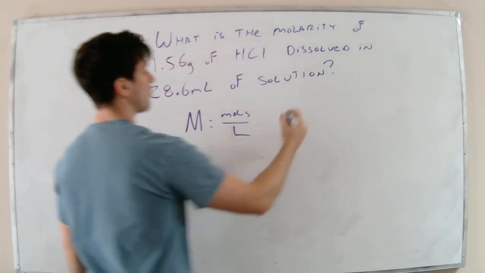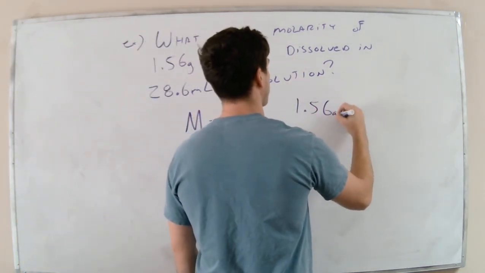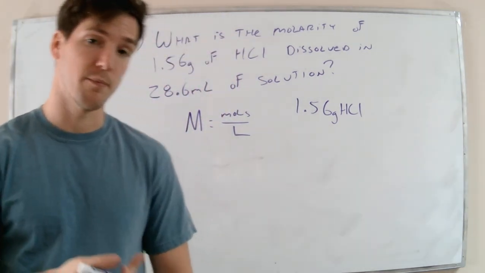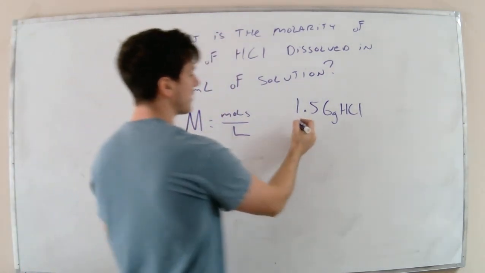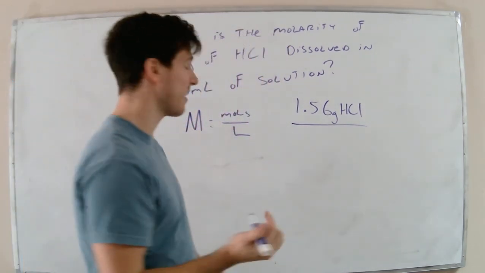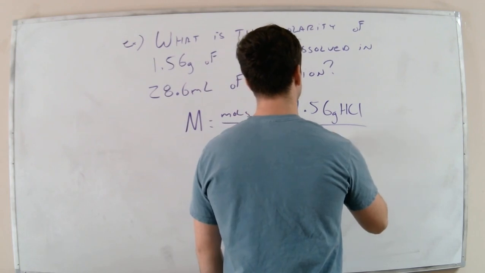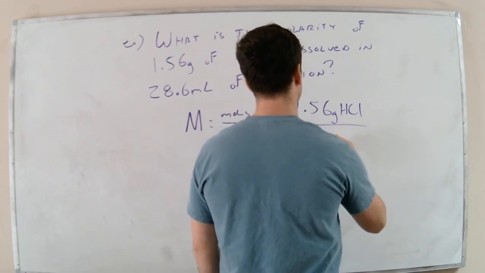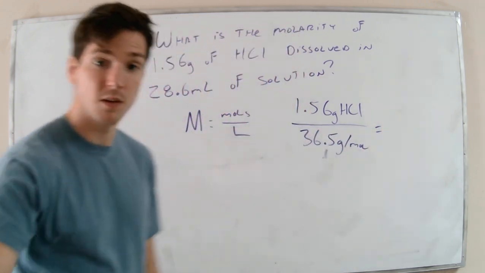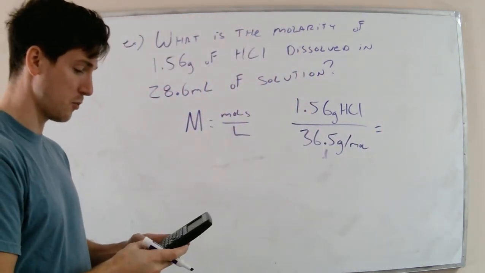We've got 1.56 grams of HCl. Well, we just have to convert that to moles by dividing by molar mass. And the molar mass of HCl, hydrogen is 1, chlorine is 35.5, so the molar mass of HCl is 36.5 grams per mole.